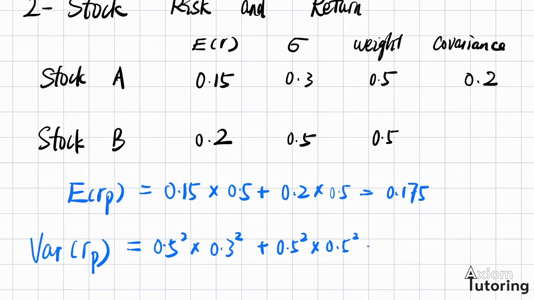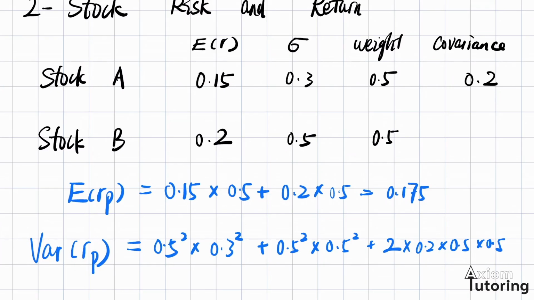Okay, but it's not over. And then you have to add 2 times the covariance times 0.5 times 0.5, which is the respective weight for the two different stocks here. So that will give you the variance of the portfolio.